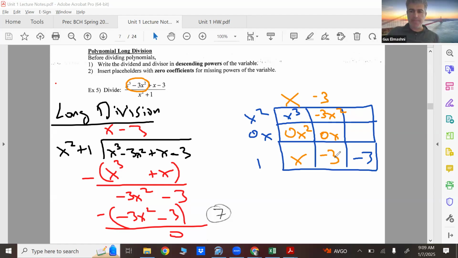At that point, the other thing we need is for this to be positive x. I have a 0x, so this has got to be a 0 again. So there's nothing more to multiply at this point, and that's why you get x minus 3.